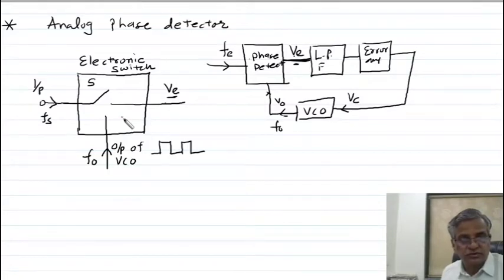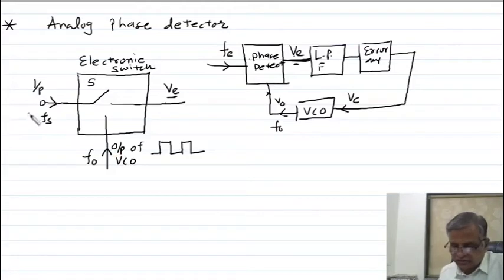The switch is closed during the positive half of the output of the VCO. This means the input signal is chopped at the repetition rate determined by the VCO frequency. The electronic switch is closed or opened by the square wave coming from the VCO. When the square wave of the VCO is positive, the switch S is closed.